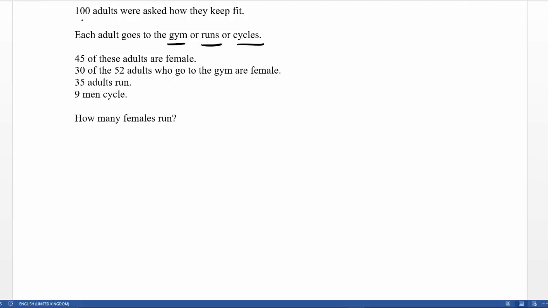So we know the total amount of people that were asked, which was 100. So I'm going to write it out here. We've got male, we've got female, and I'm just going to put total underneath. We can either go to the gym, run, or cycle, and there's our total there.